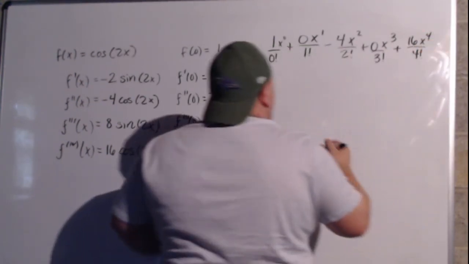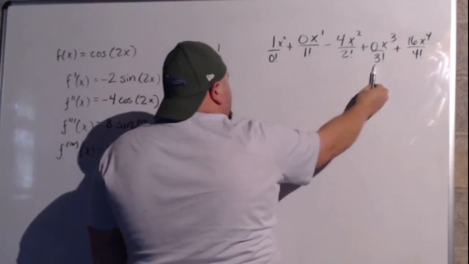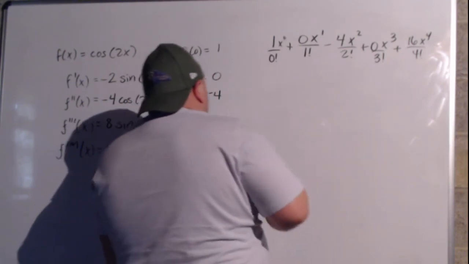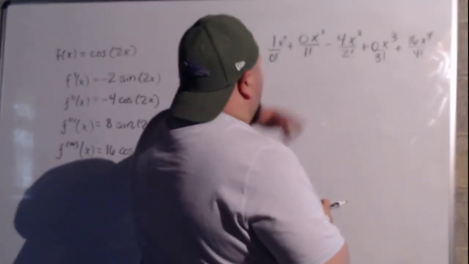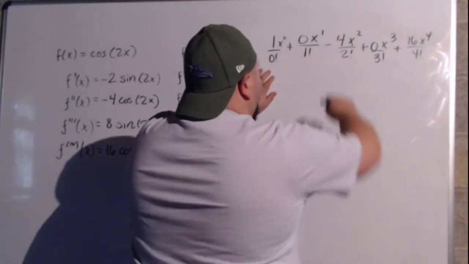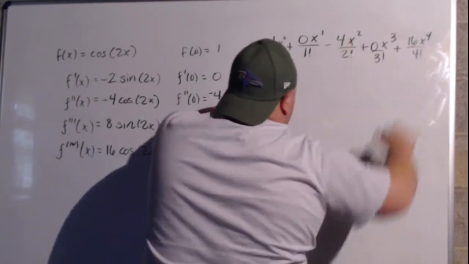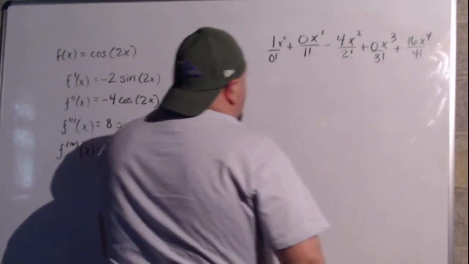So it's very important that you include the 0 terms when writing this out and then get rid of them. Otherwise, my guess is you would probably write 4 times x and 16 times x squared, which is incorrect.